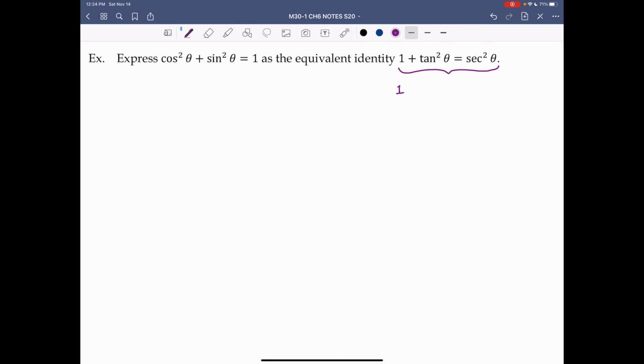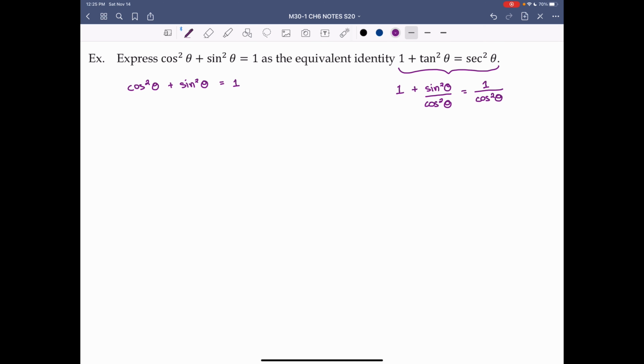That's equivalent to 1 plus sine squared theta over cos squared theta equals 1 over cos squared theta. So let's start with cos squared theta plus sine squared theta equals 1 and see if we can get to this.